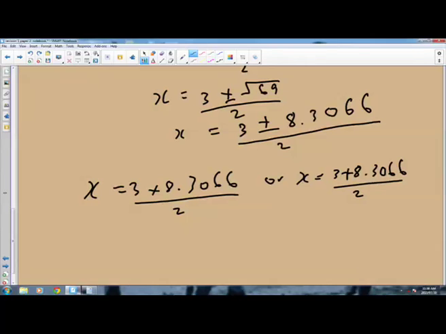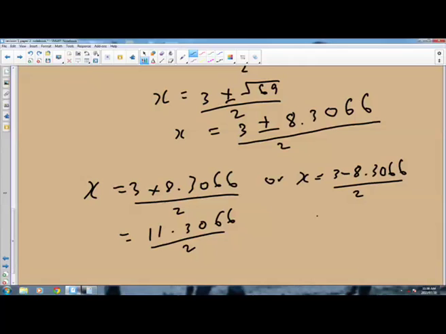This is how we do it. There has to be 2 solutions to this, because this is a quadratic equation, and a quadratic equation has 2 roots, so you expect 2 values of x. In fact, here is supposed to be minus, not plus, because you got the plus here. So 3 plus 8.3066 will be 11.3066 divided by 2.